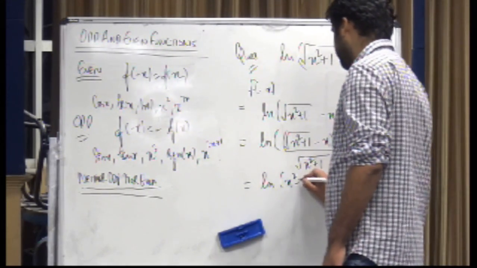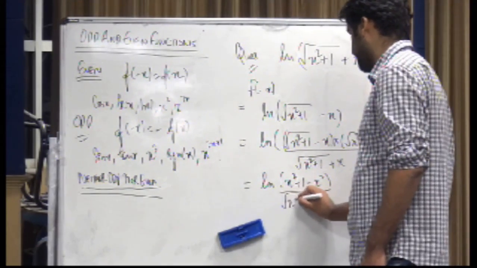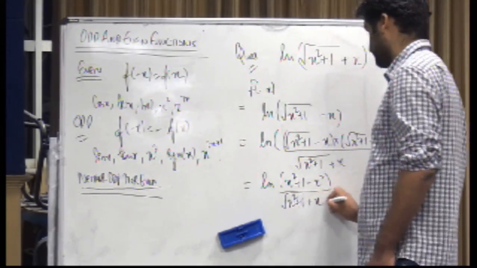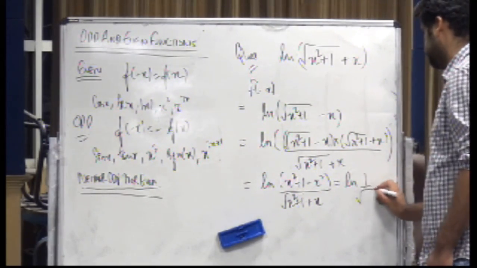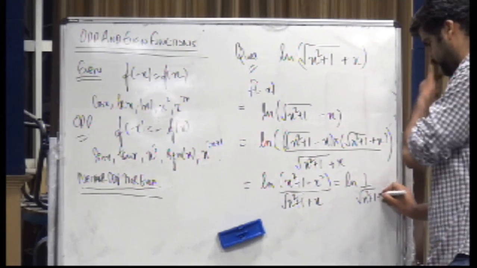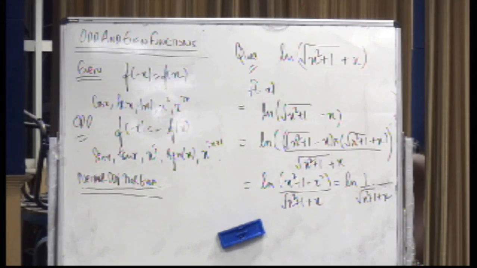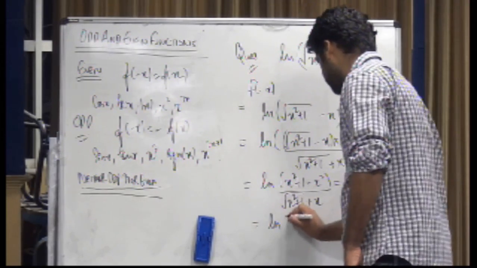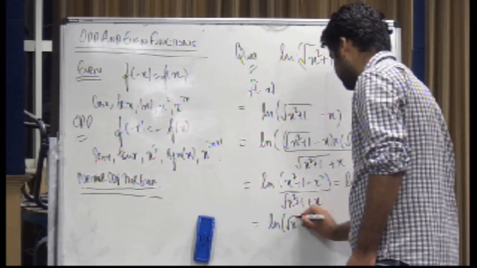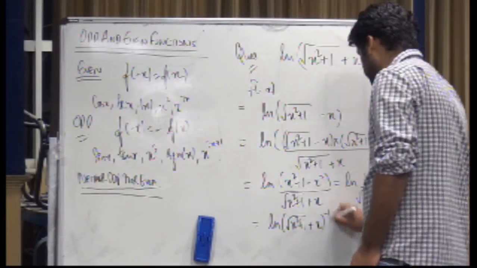x square plus 1 minus x square, upon root x square plus 1 plus x. Right? So I get ln of 1 upon root x square plus 1 plus x. What can I say about this? Odd function, how? I can write that this is equal to ln of root x square plus 1 plus x, to the power minus 1.